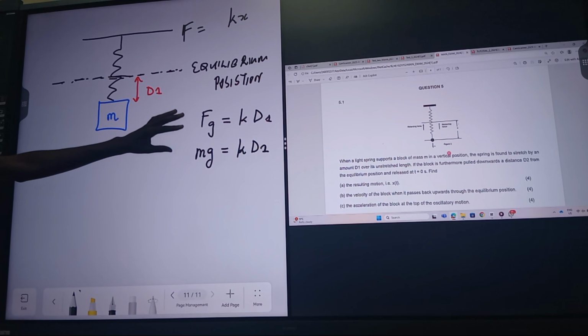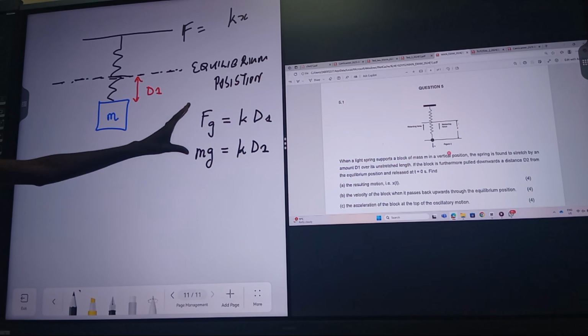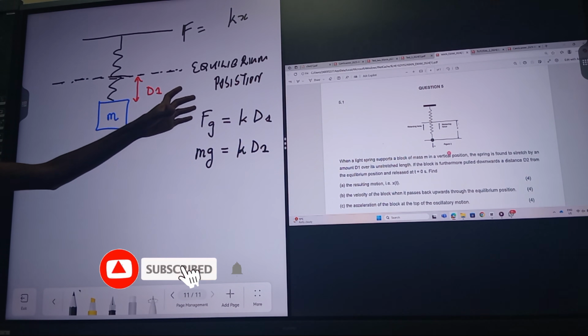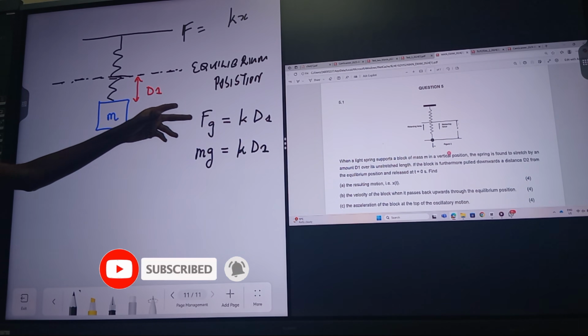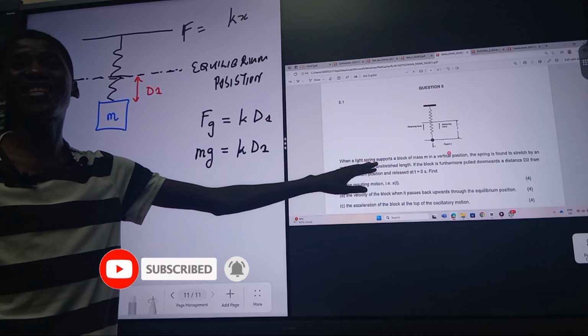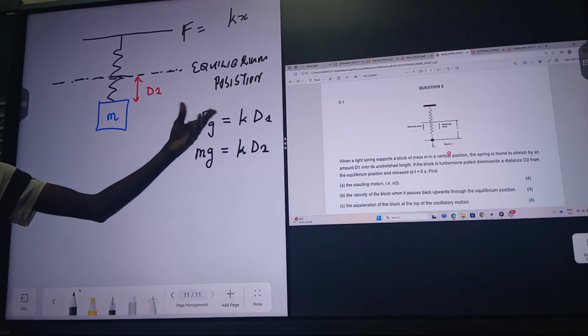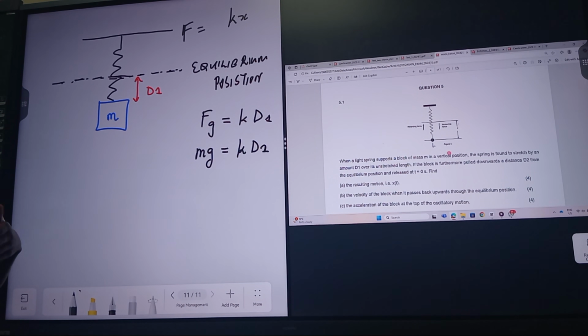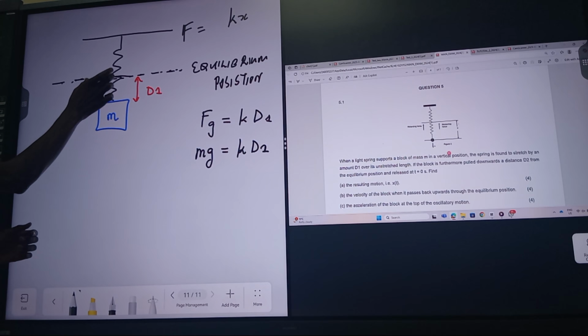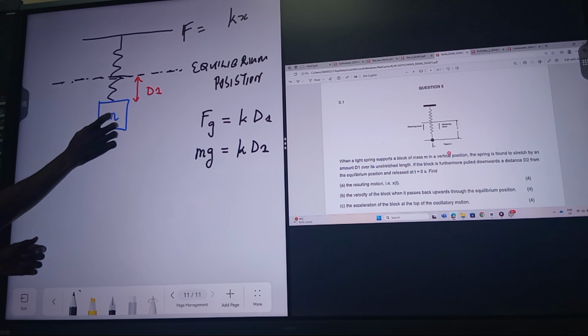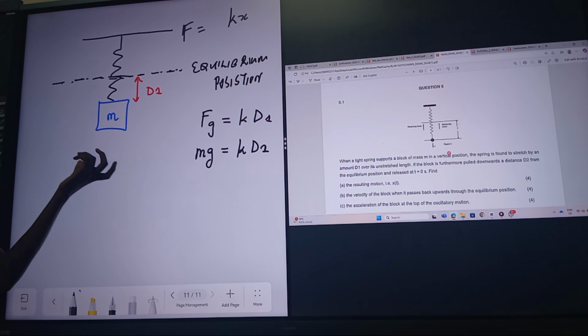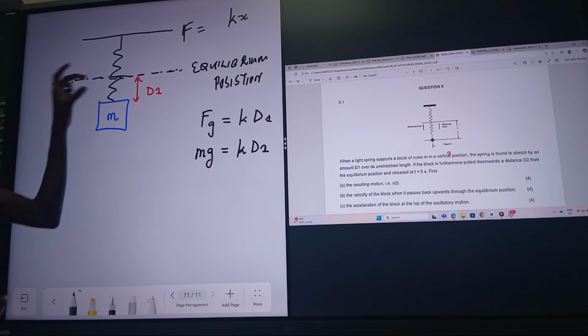We're able to draft it just from the first statement: a statement that just says it stretches. We use this equation. Don't use negative kx, because who told you that this is already oscillating? We just stretched it to the length d1.